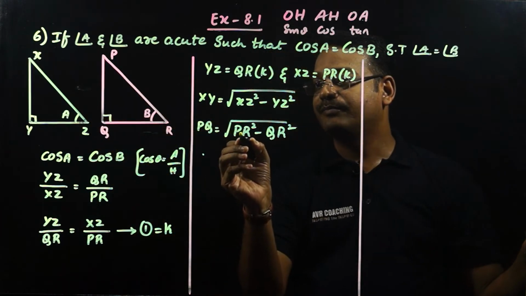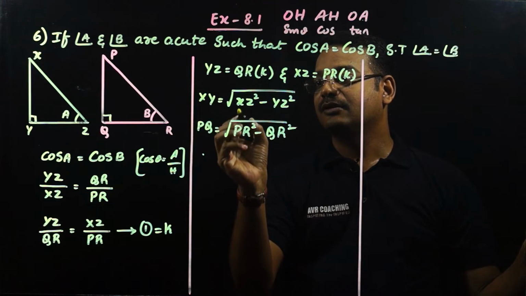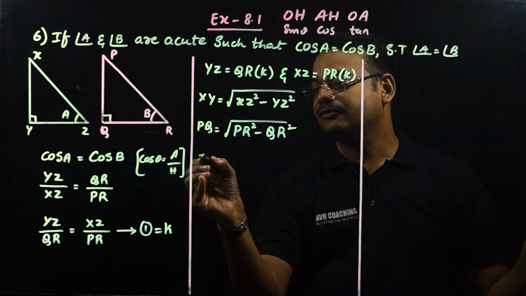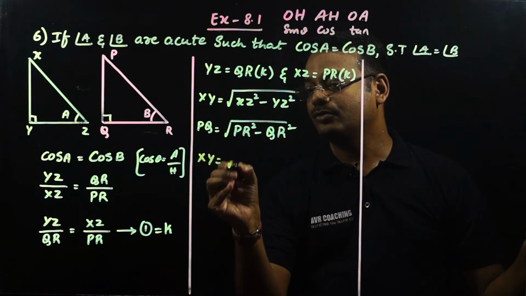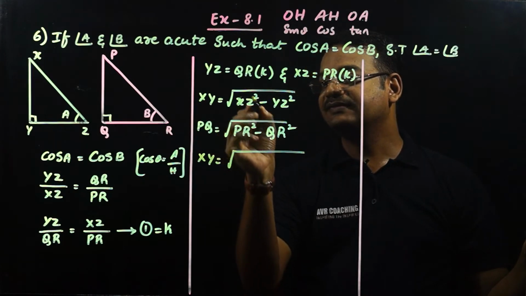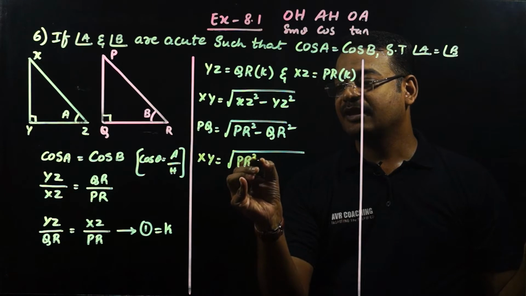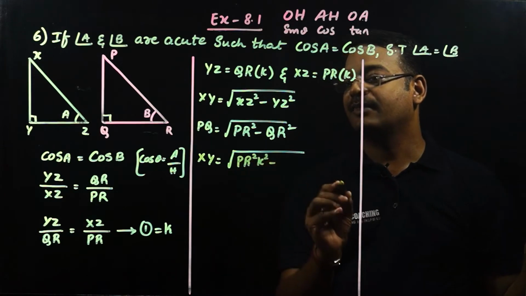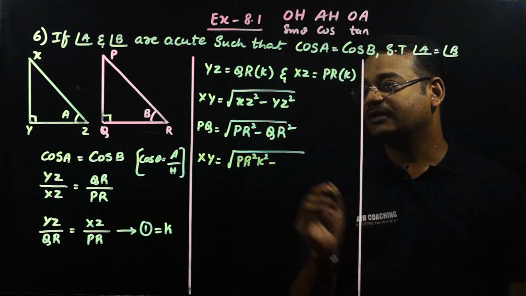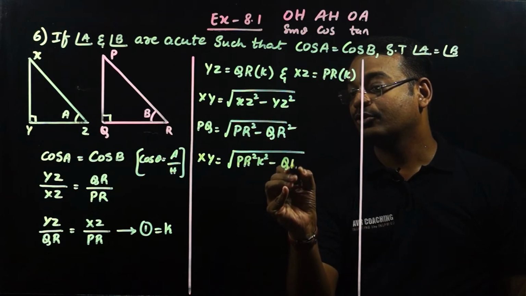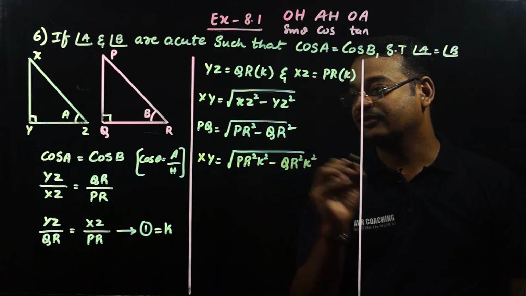But XZ is nothing but PR into K, so XY is equal to root of PR square into K square minus YZ square, and YZ is nothing but QR into K, so QR square into K square.